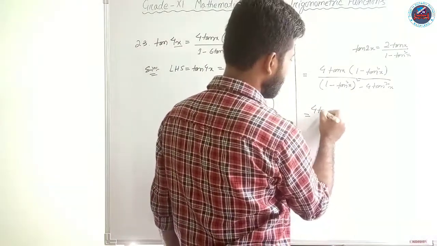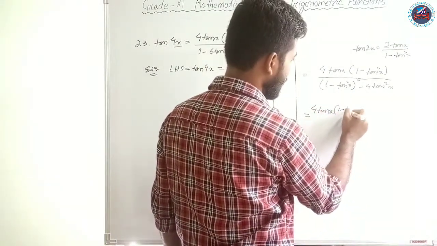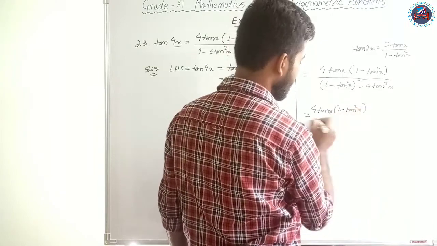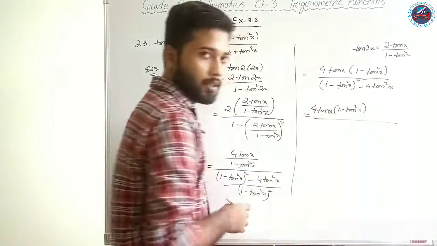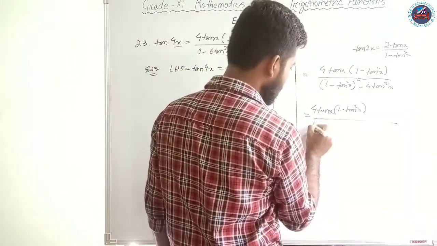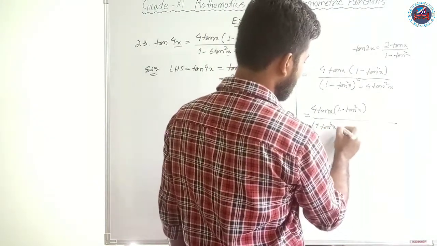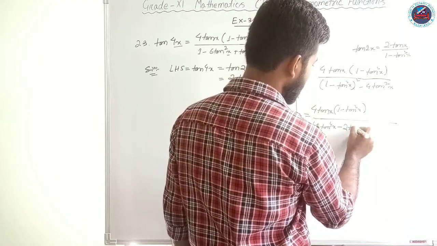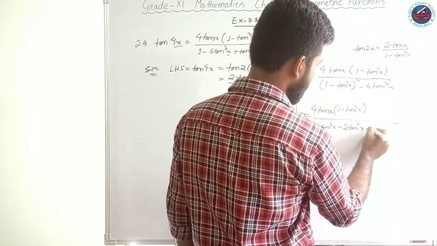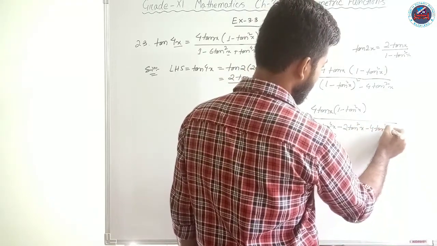So this will be 4 tan x into 1 minus tan square x. Now that is equal to 1 by, just take the square of that. So 1 plus tan to the power 4 x minus twice tan square x minus 4 tan square x.